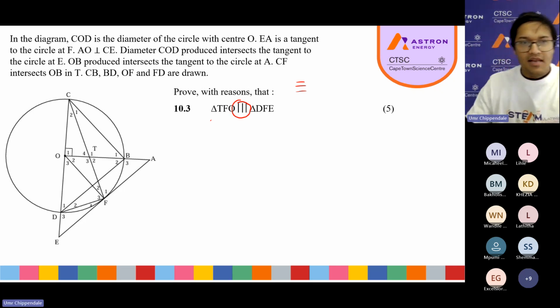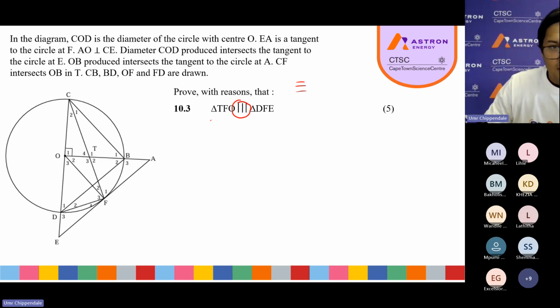Okay. Now, proof with reasons that we have this, that these 2 are interacting with each other. So in our previous one, we just calculated that D3 is equal to T3, right? These 2 angles are equal to each other. But we were told a lot of information over here on top. And here we can also see that our OF, which is this line over here, is going from the center to the edge.